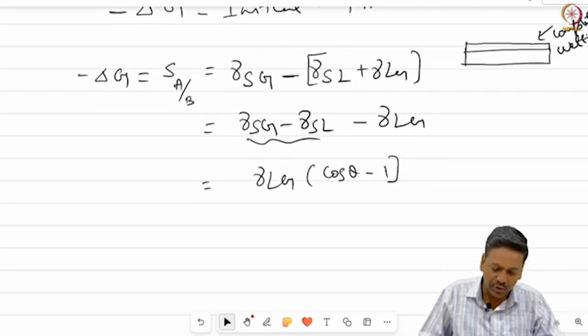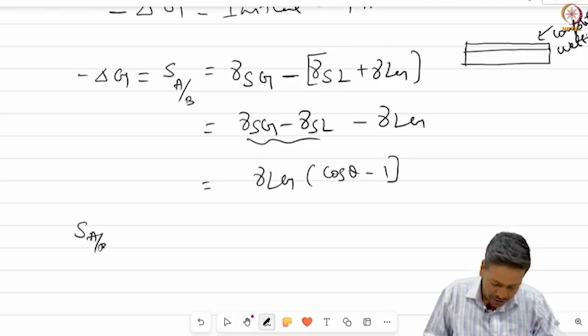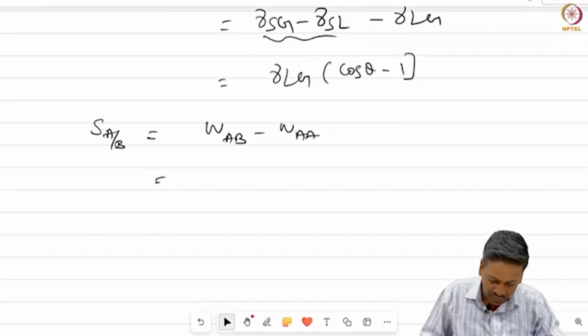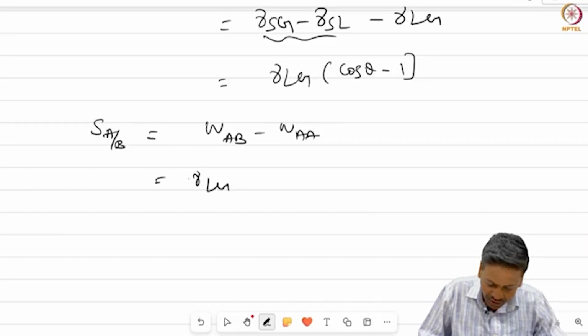Okay, so in this way you can also rewrite this spreading coefficient as WAB minus WAA, because we know WAB is nothing but gamma LG into (cos theta plus 1).